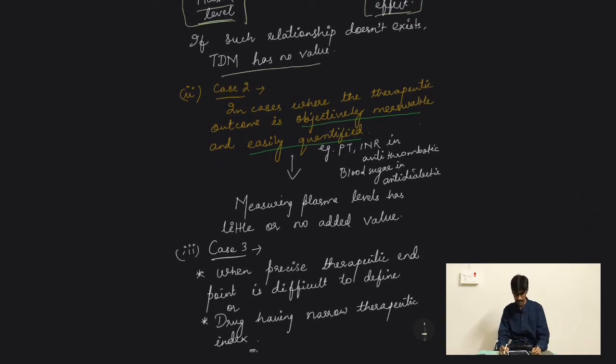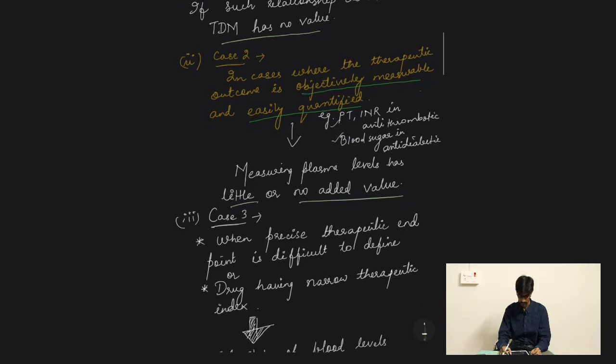Second case is where the therapeutic outcome is objectively measurable and easily quantified, for example prothrombin time, INR in case of antithrombotic therapy, or blood sugar in case of antidiabetic therapy. In these cases, measuring the plasma levels of the drug has little or no added value.